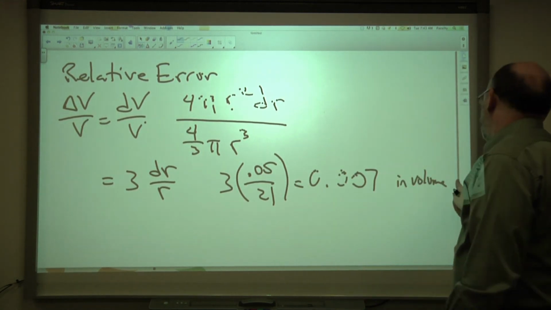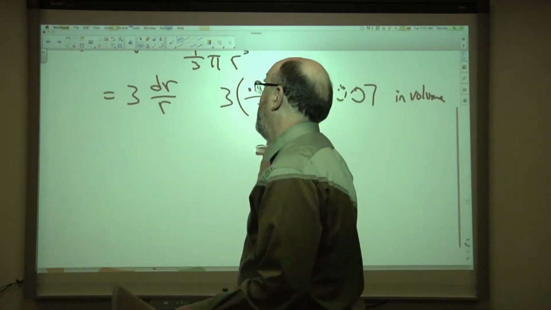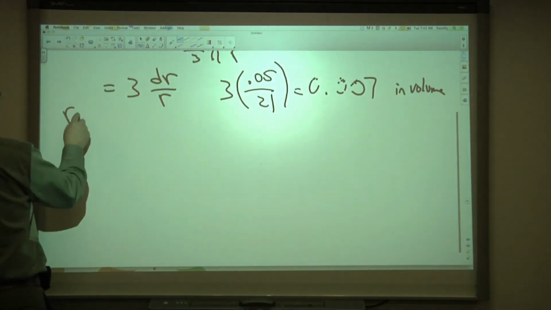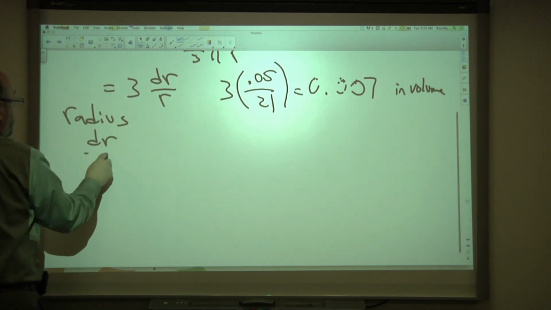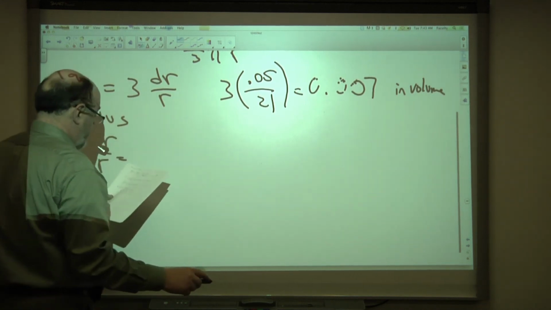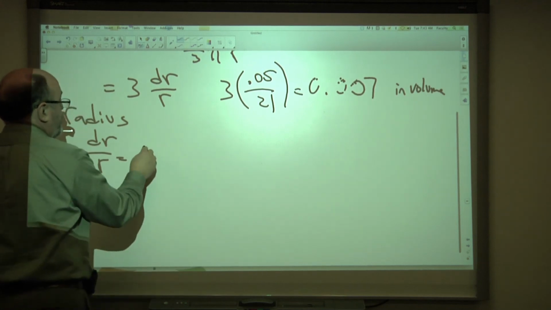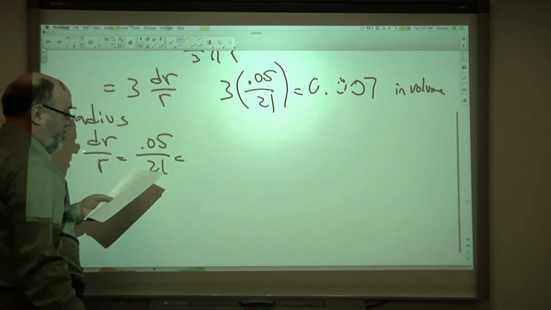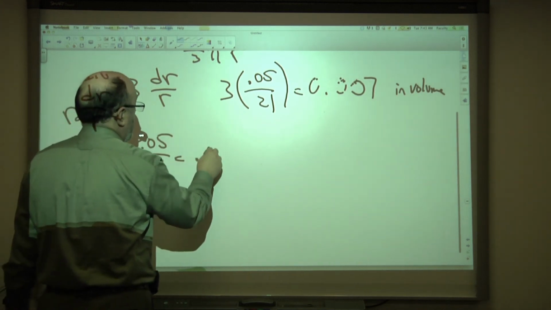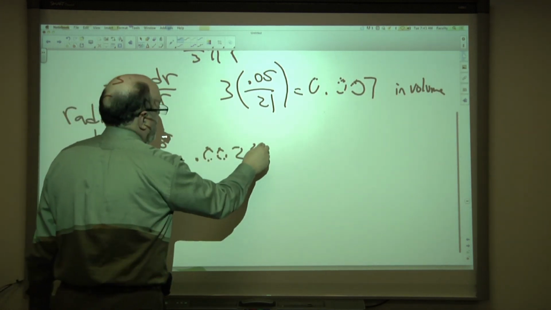If I do this in regards to the radius, right? So the relative error in the radius would just be dr over r, which will be 0.05 over 21, which will be 0.0024. Okay.